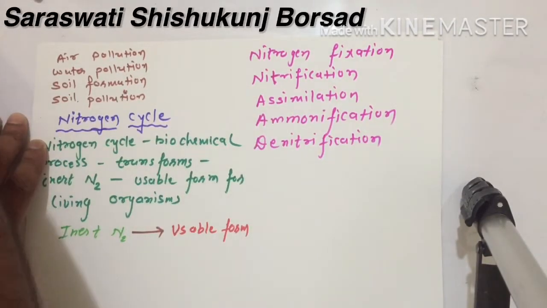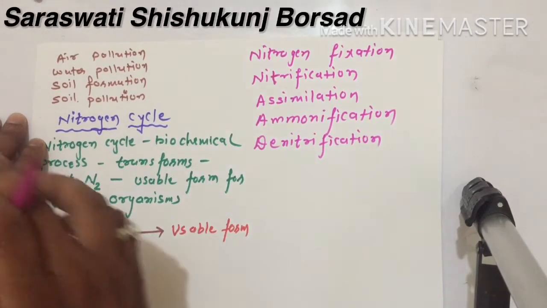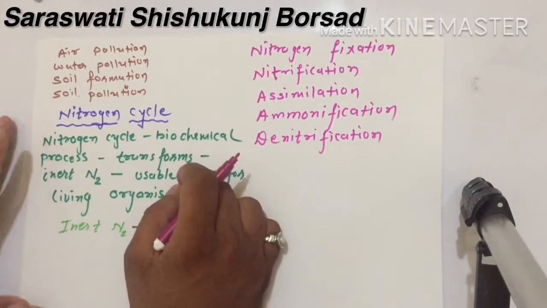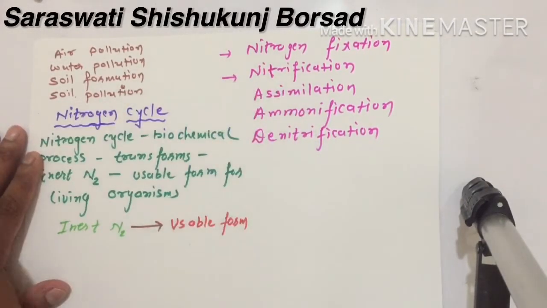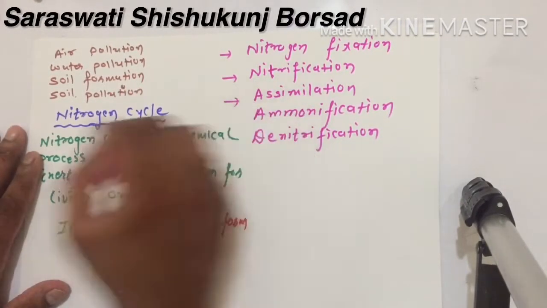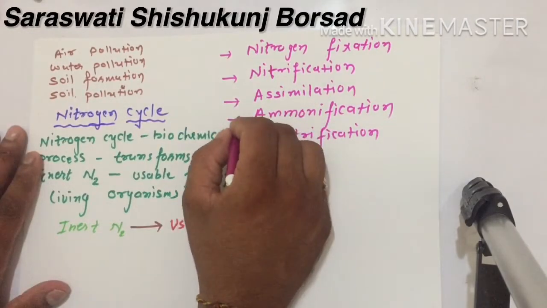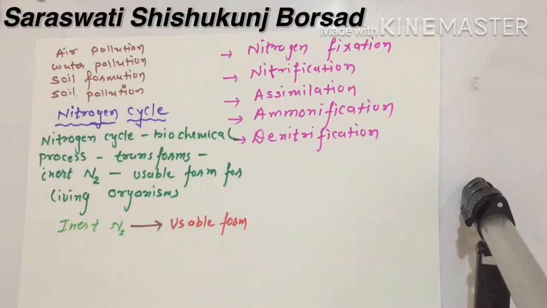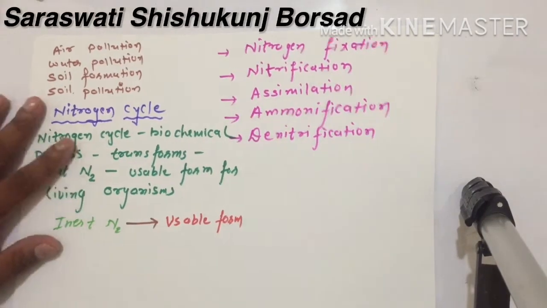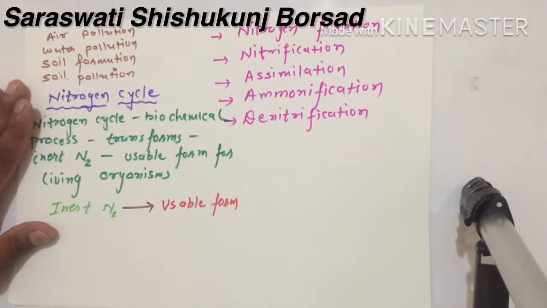We are going to understand the whole nitrogen cycle in this way. First is nitrogen fixation, then nitrification, then assimilation, then ammonification, and then denitrification, right? In these various steps we are going to understand our nitrogen cycle.